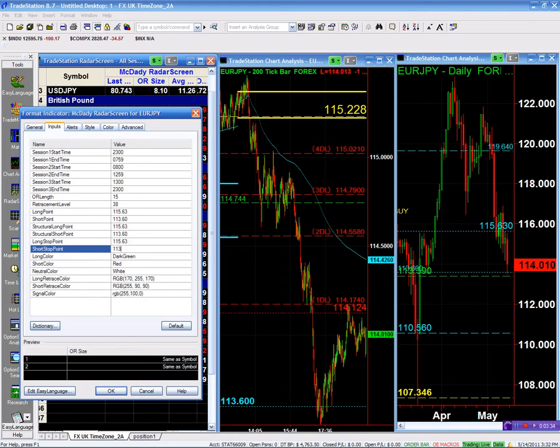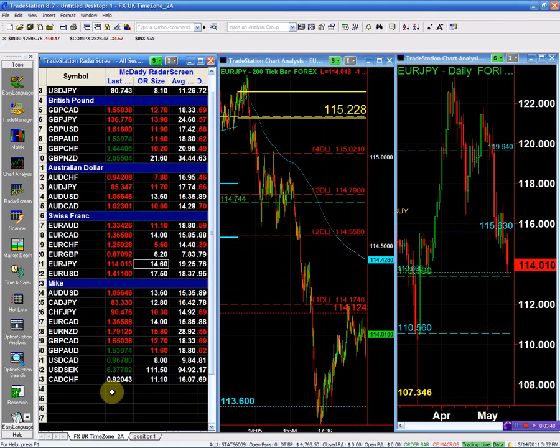Alright, now we come to the buy. I now have a sell signal in the yen, so I will look for somewhere that is strong enough for me to buy it. If you look at the daily chart over here, you can see that every day the euro yen is breaking down, making a lower low, and it snaps back.